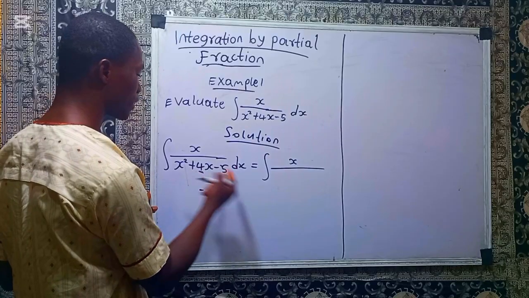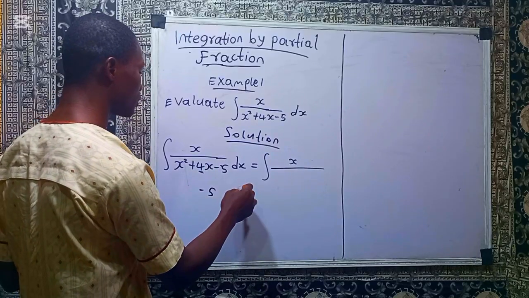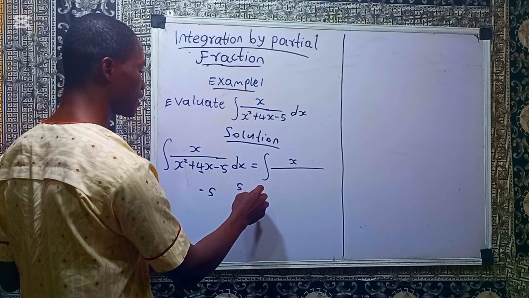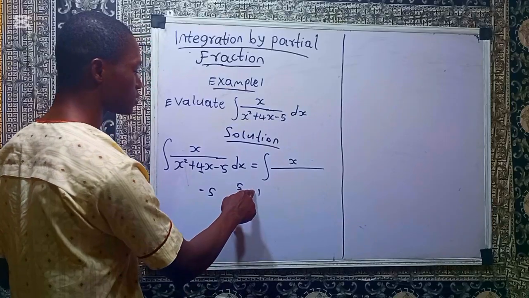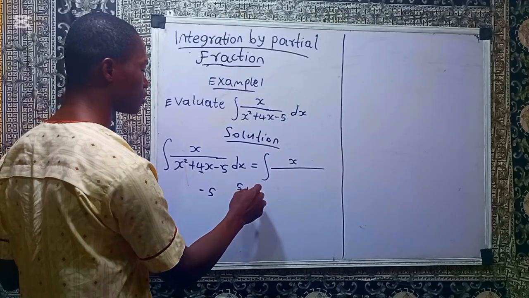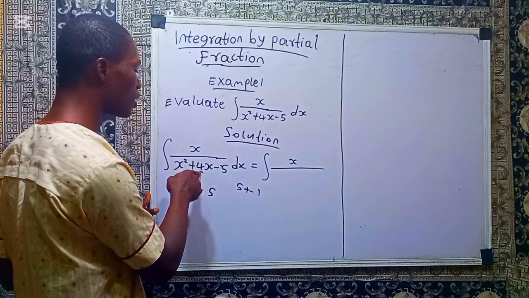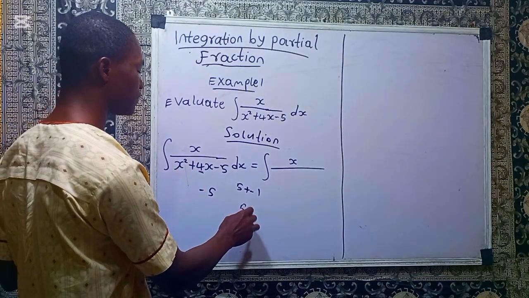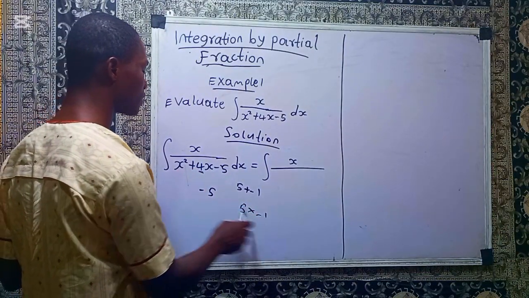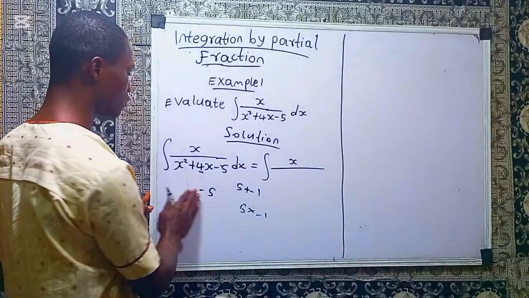Of course, we can think of these two factors to be positive 5 and negative 1. Because positive 5 plus negative 1 will give you positive 4, and positive 5 multiplied by negative 1 will give you negative 5. So this will work.